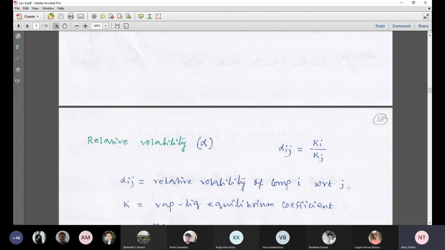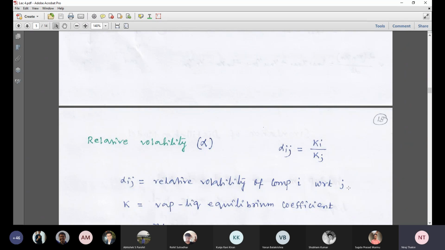In fact, this is considered in our assumption.